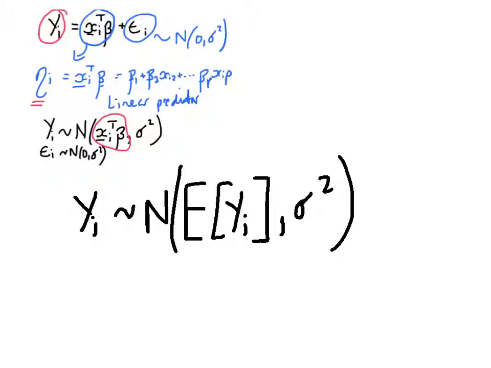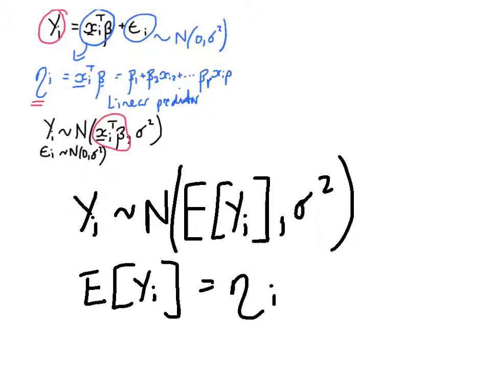In this particular case, the expectation of y exactly equals eta i, which is the linear predictor x i beta.